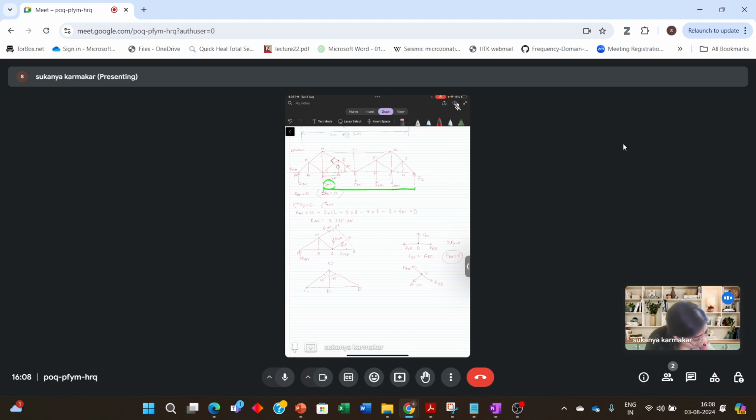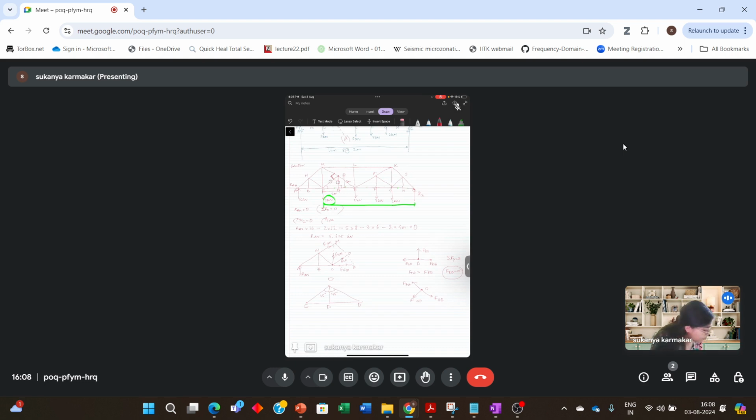So even this force CO is a zero force member because the members OE and OM are axial force carrying members. So the force will be equal and opposite, but for the equilibrium in this direction, let me call this Y direction, in this y direction, the only force existing is FCO, and there is no other force. So this FCO has to be a zero force member. So in this diagram, FCO is a zero force member.